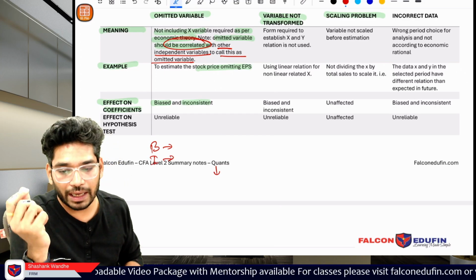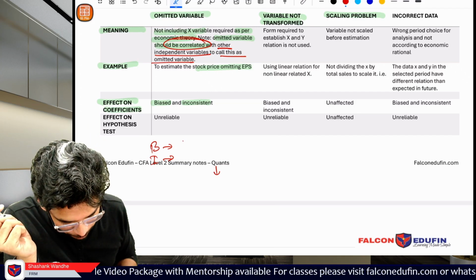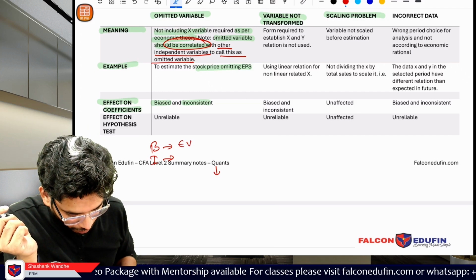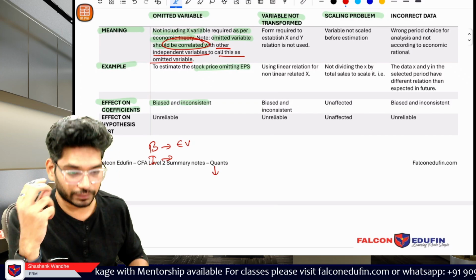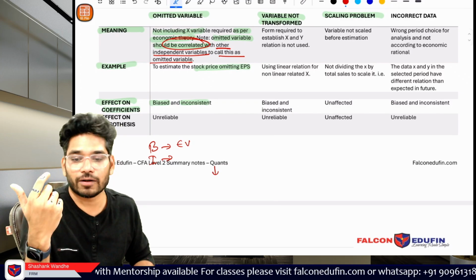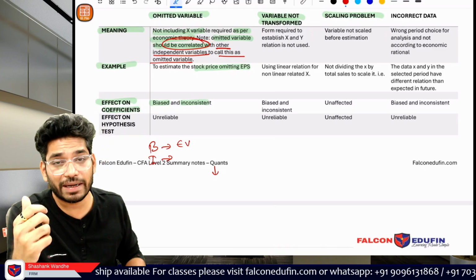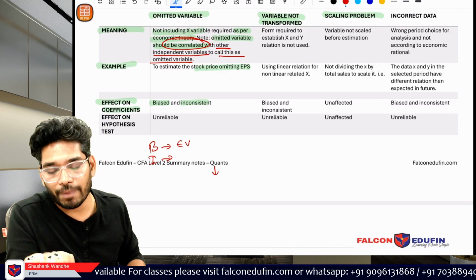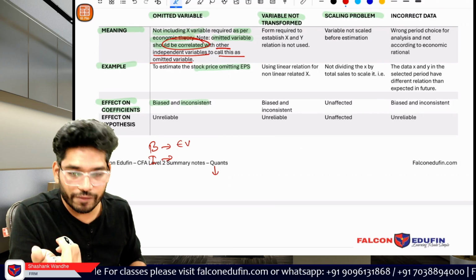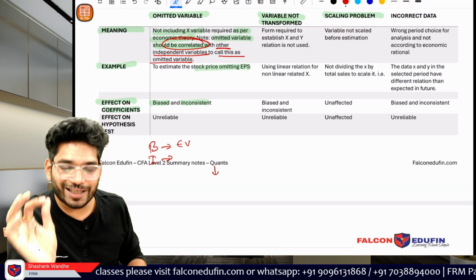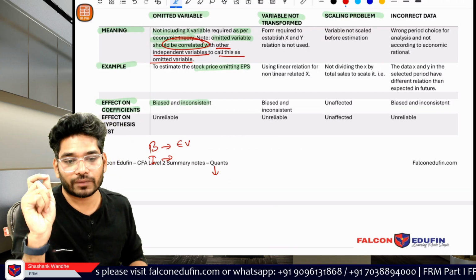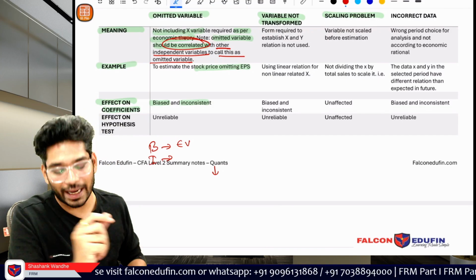Bias simply means the expected value of these coefficients, your independent variable combined with the coefficient, is, in simple terms, not equal to the true value.